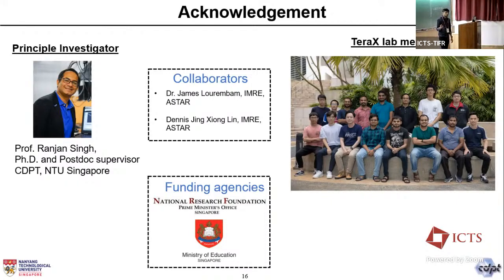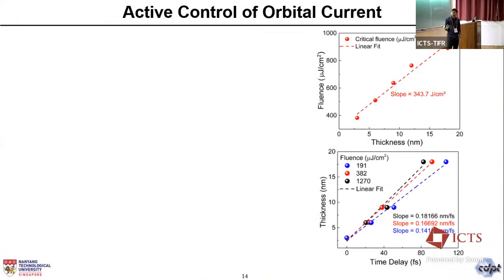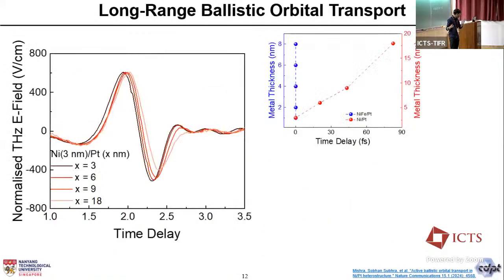So this polarization depends on the magnetic field, the magnetization that we are applying, right? The magnetization that we are applying is in plane. So our heterostructure is like this, and we apply the magnetic field like this. Yeah, that depends on the magnetization.